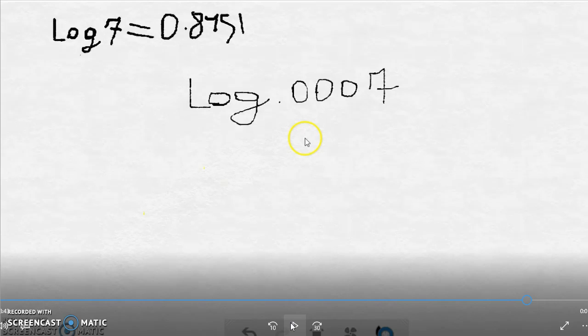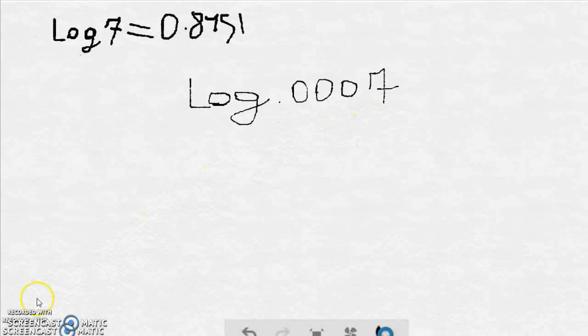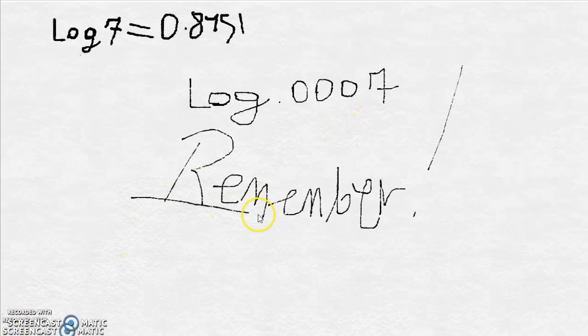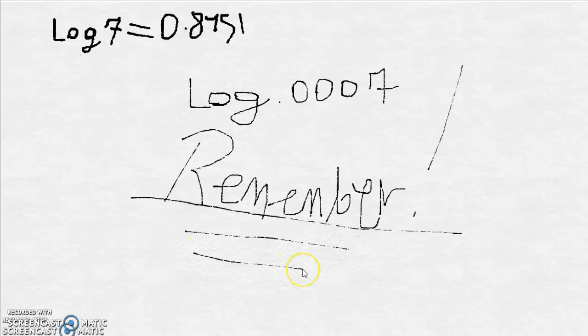So, I want you to try your best to solve this, and I'll present the answer after. So you can pause it right now, solve it, and see if you got the answer correct. Oh, and remember, scientific notation.